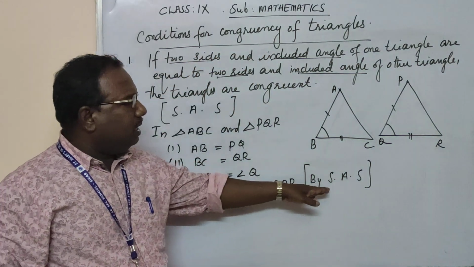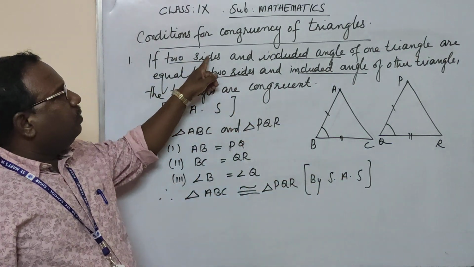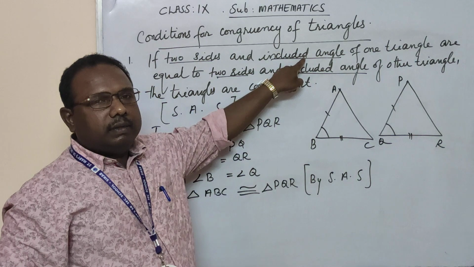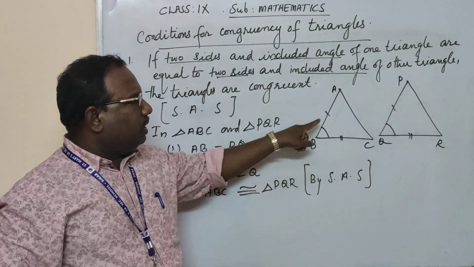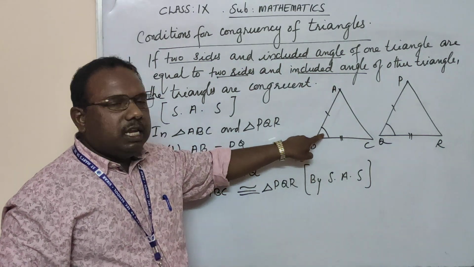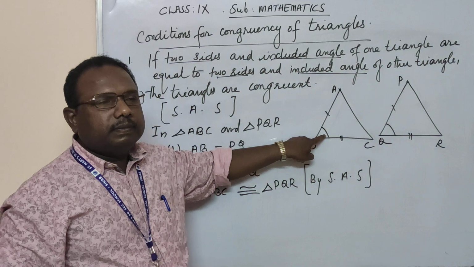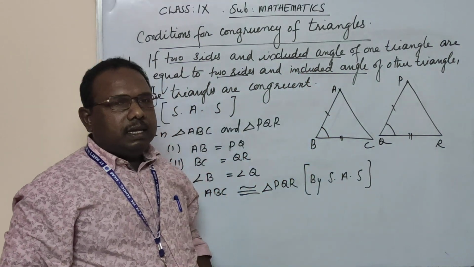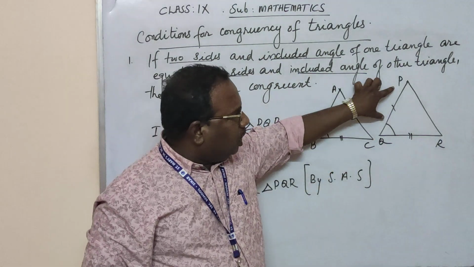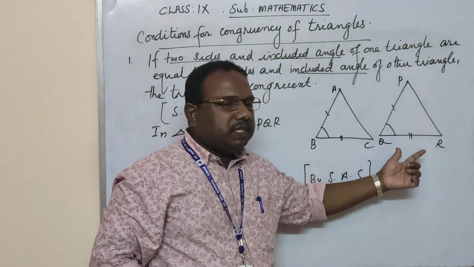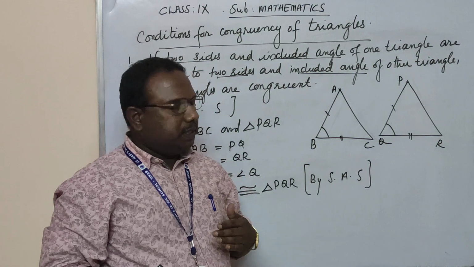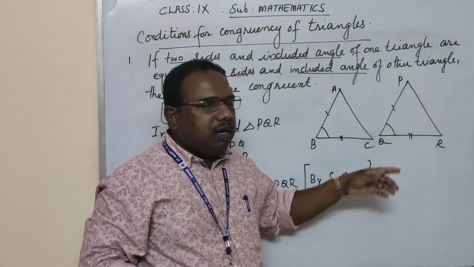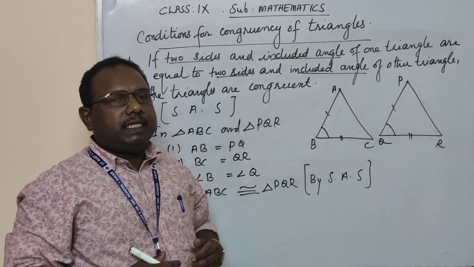What is SAS? If two sides and included angle, two sides, and this is the included angle, AB and BC correspond to PQ and QR of the second triangle respectively, and angle B and angle Q are included angles.